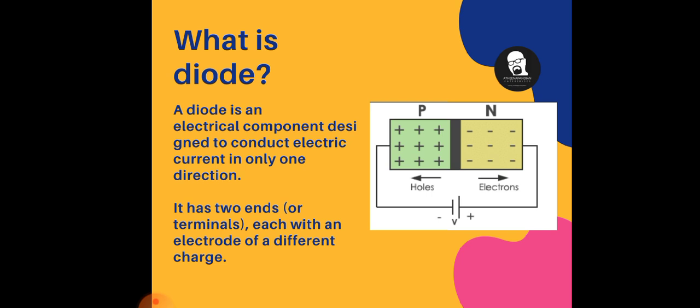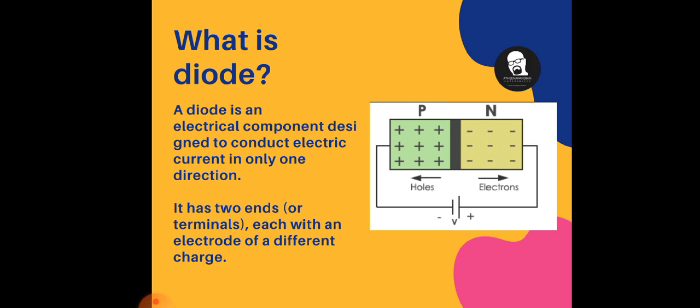These components are used in electronic circuits to process various signals, as well as to do the amplification of electronic devices or circuits. So diode is basically an active component.